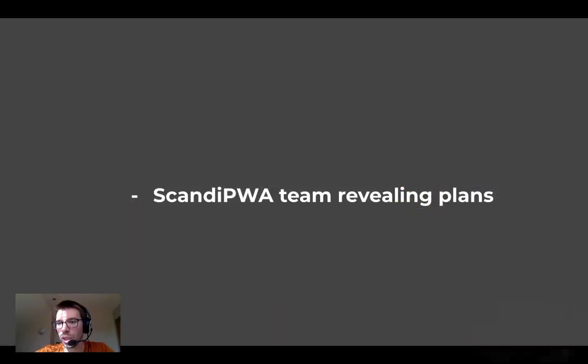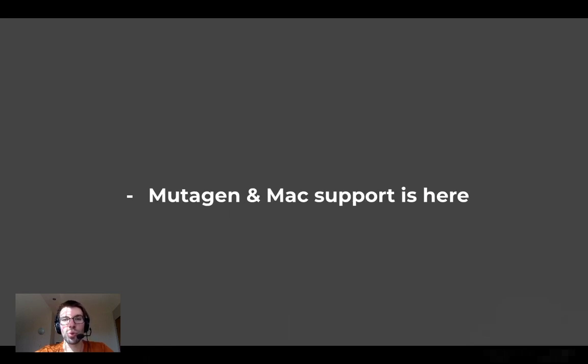Okay, let's move on to the second highlight for today's session. The Mutagen and Mac support is here. Huge news for a lot of ScandiPWA users. We know that a lot of users are Mac users, and this is something you will be really happy to hear about.